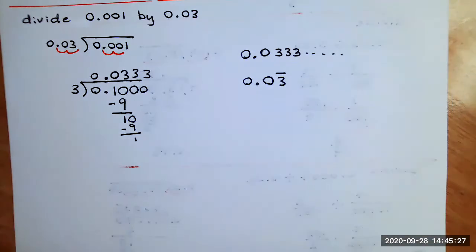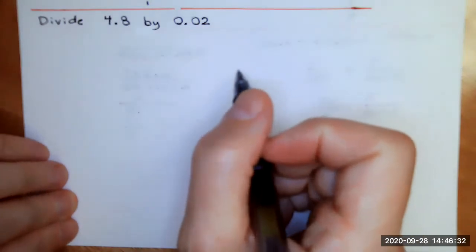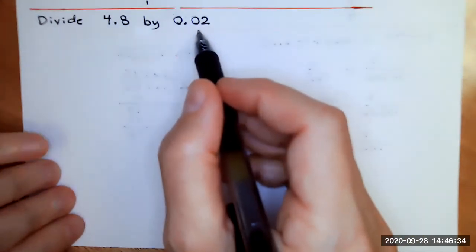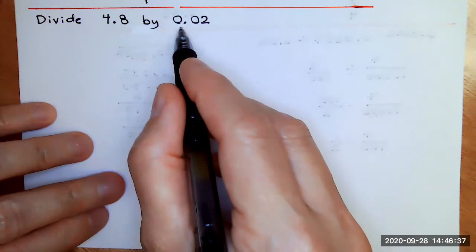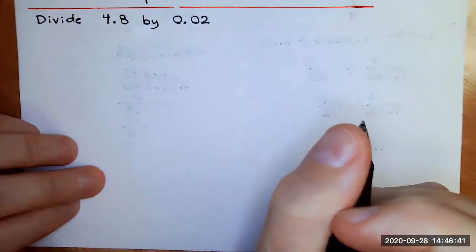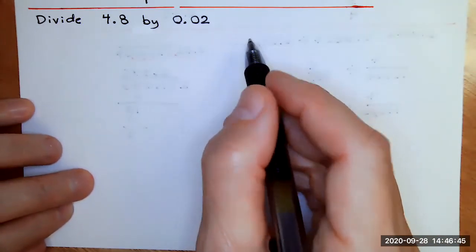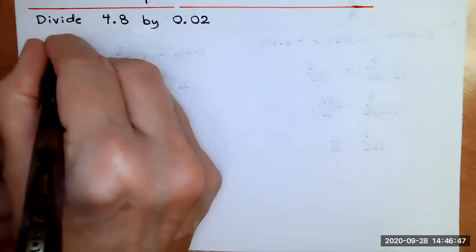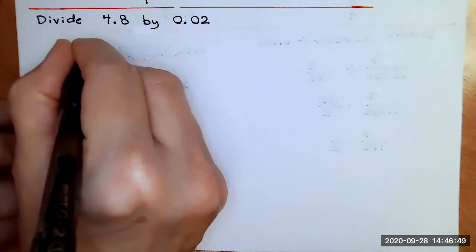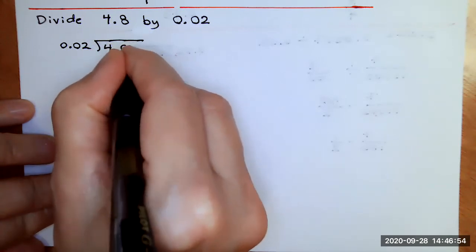All right, let's try another one. Let's try dividing 4.8 by 0.02. So this would be a good time to hit the pause button and try it on your own. All right, so we got 0.02 divided into 4.8.